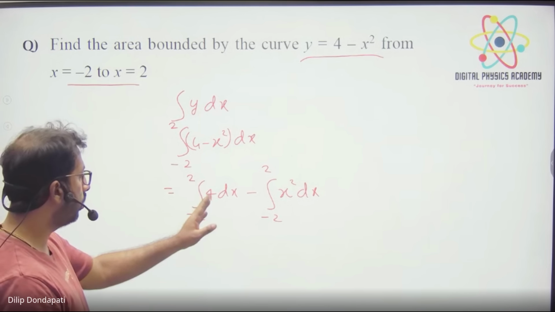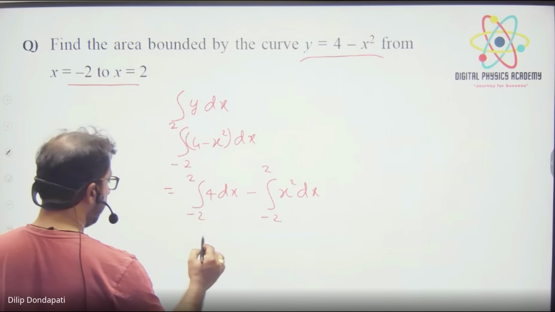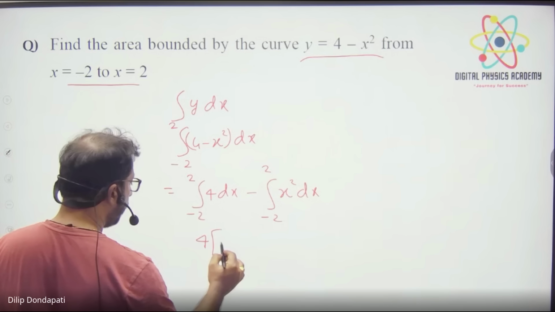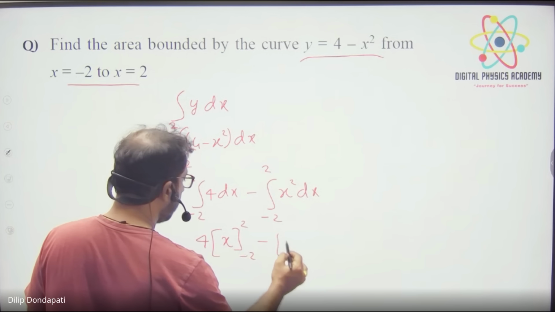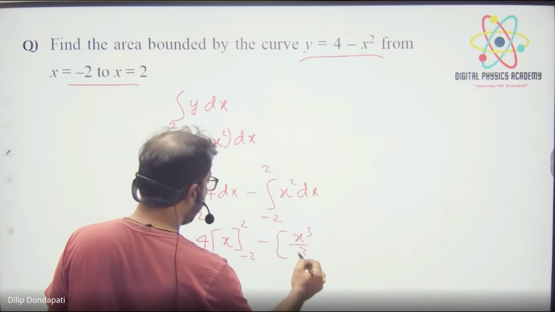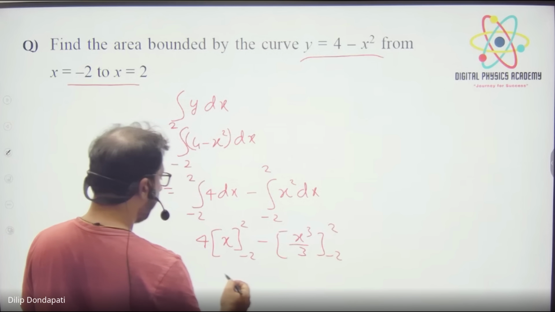Here 4 will be coming outside, Rehan. Integration of dx is x, limits from -2 to 2. Minus x cube by 3, from -2 to 2. Now solve.